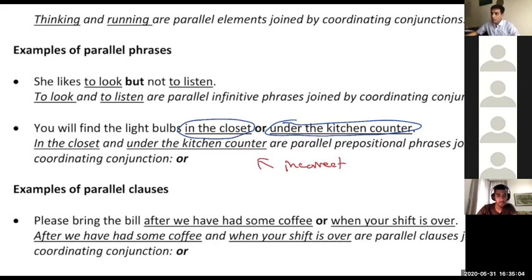"You will find light bulbs in the closet and kitchen." You want to make this "in the kitchen." Okay, that is incorrect. Well done. "On the closet or under the kitchen counter." That is, again, still correct. The phrases are still parallel.